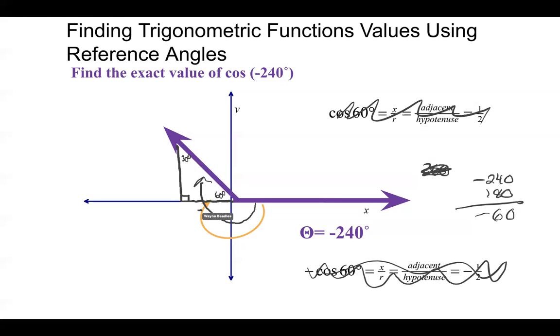But this is going to be -1, because I always have to keep on saying that to myself. Opposite of 30 is 1. Opposite of 60 is the square root of 3, and the hypotenuse is 2. And you might be sitting there going like, well, why is it always 1, 2, and square root of 3?